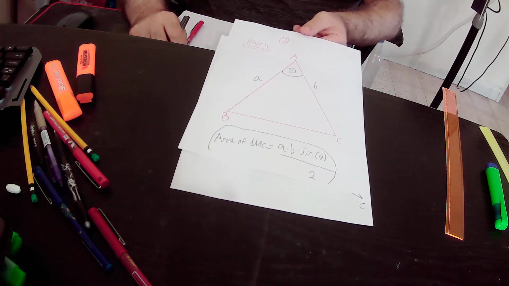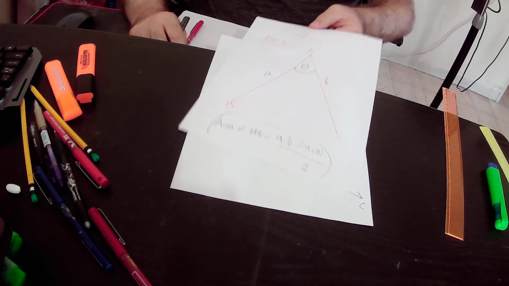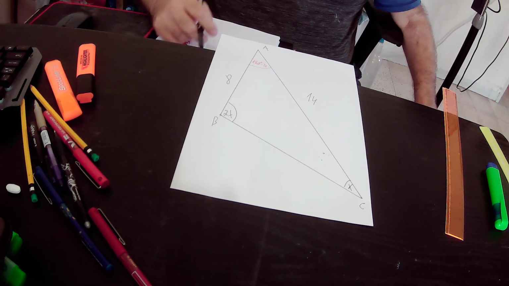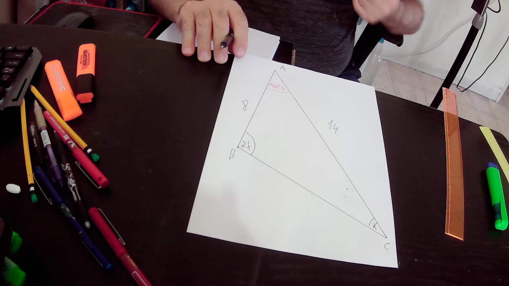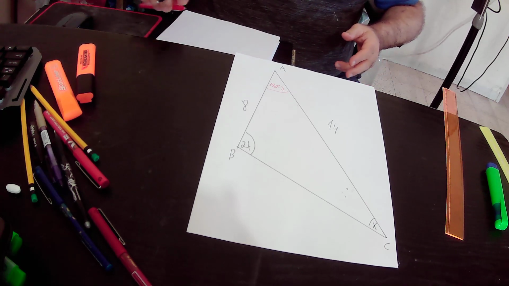And again, we can implement rule number 4 in our triangle. We will calculate the area of our triangle ABC according to the new formula.